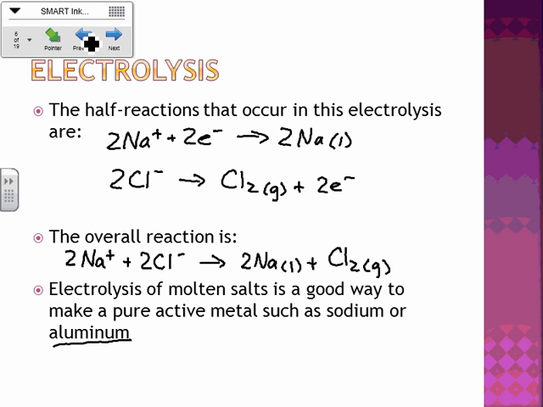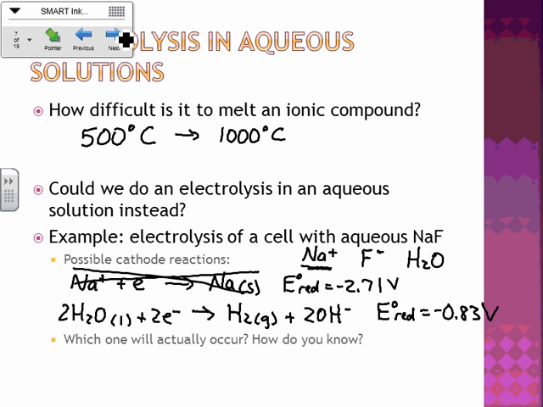We have to melt the salt. We can't have anything else in there that might be reduced instead of the sodium, okay? And the same thing's going to happen on the fluorine side. So the one that's actually going to occur is the H2O reaction. The reason we know is because it has a higher reduction potential.